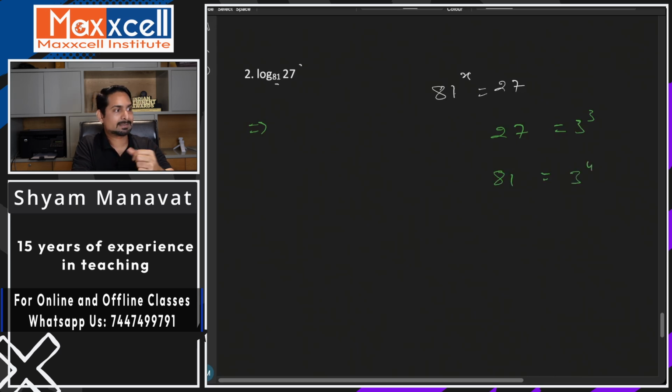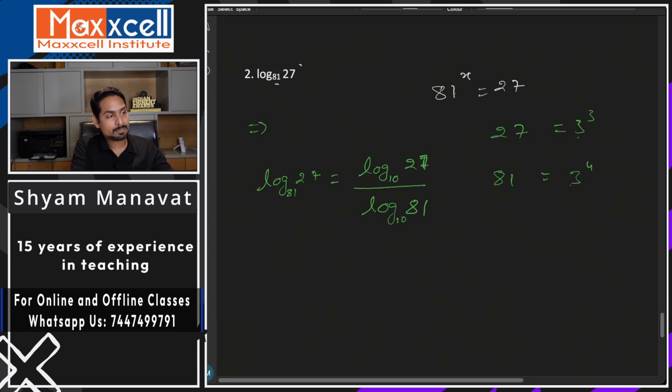So we have base 3 which is common between them. To introduce a new base, I will write log 27 base 81 as log 27 by log 81. I can introduce a new base like 10 or 5, but I should use a base which we can utilize further, like base 3.